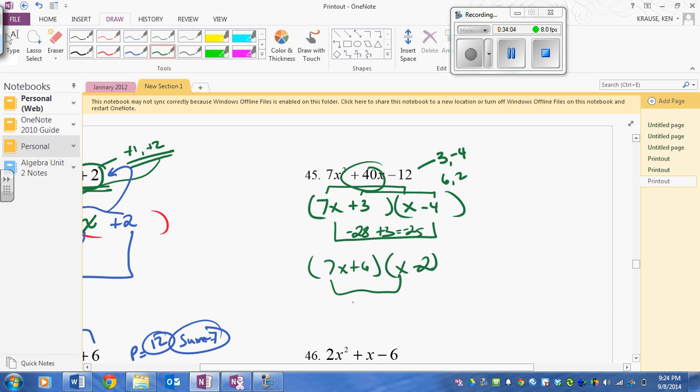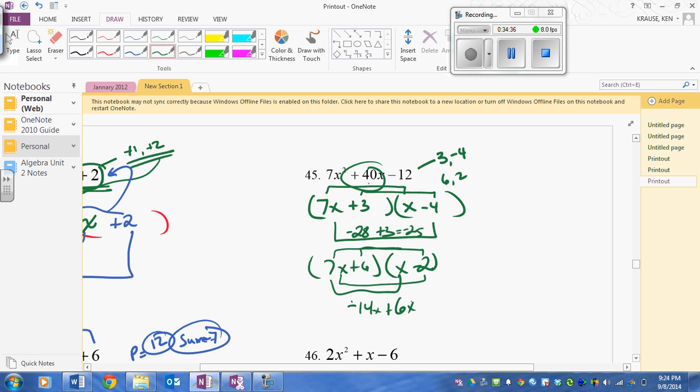That's 7x squared, that's negative 12. This one gives you negative 14x, and this is plus 6x.